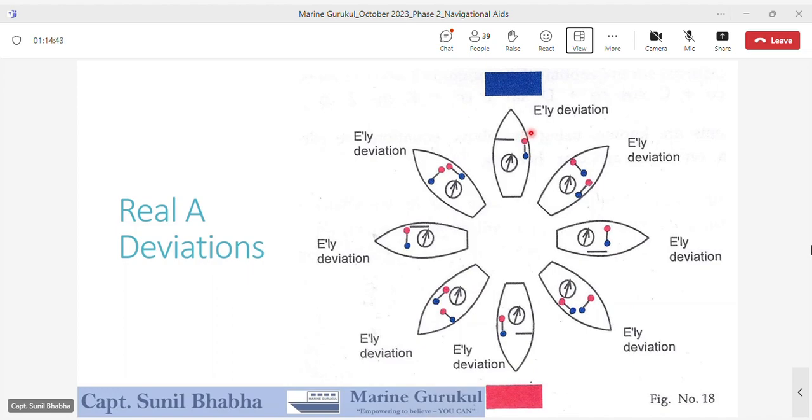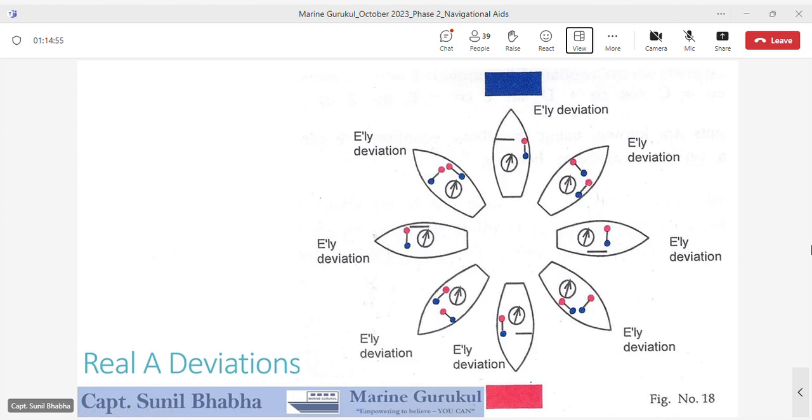So we now understand the different poles generated on the fore and aft longitudinal. Now we have understood the induction or induced magnetism of the horizontal soft iron structures by the Earth's magnetism.